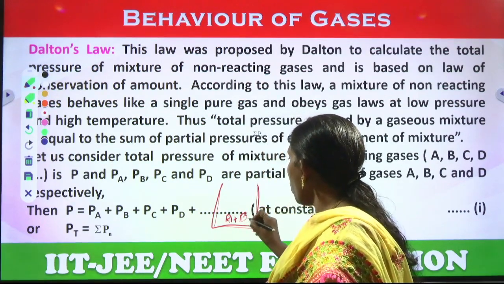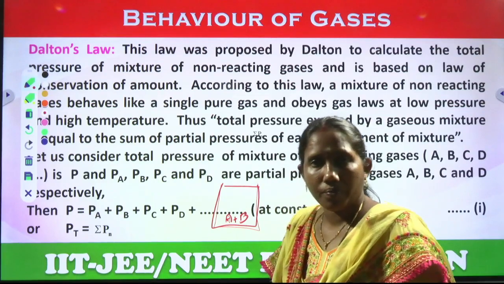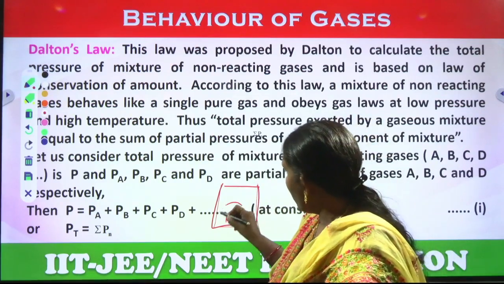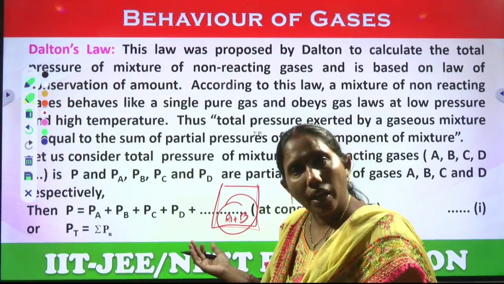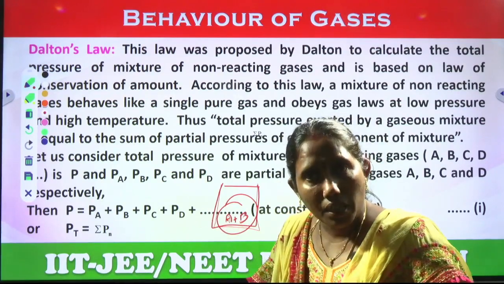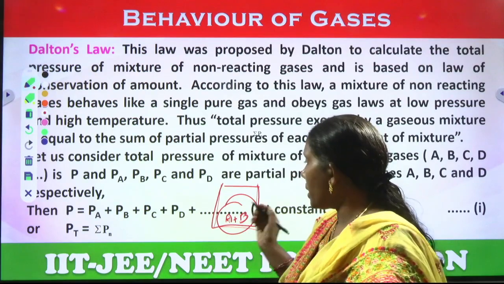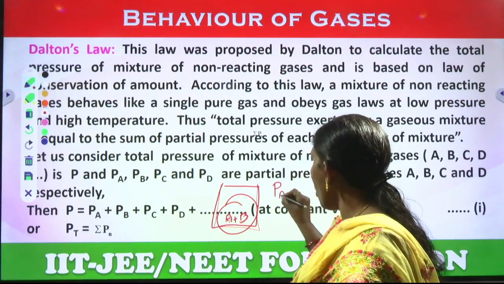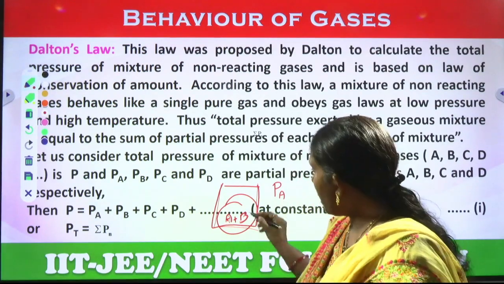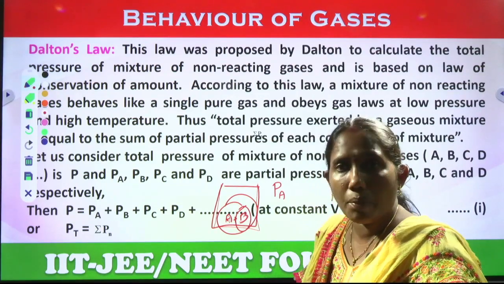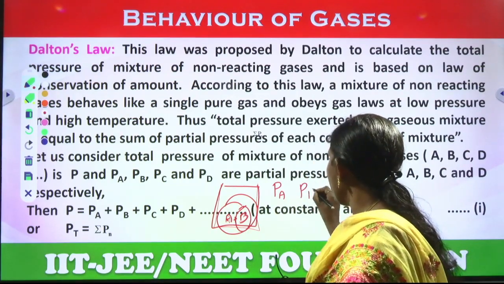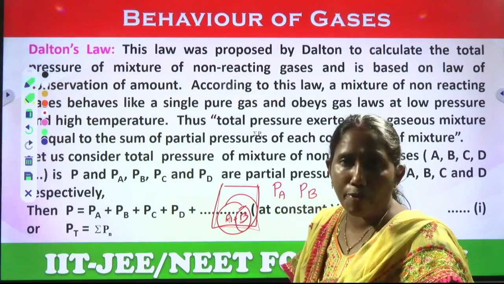Then you close this with some lid. Here A itself has some partial pressure, some individual pressure. That pressure is called the partial pressure of A. At the same time, B itself has some individual pressure, that is the partial pressure of B.